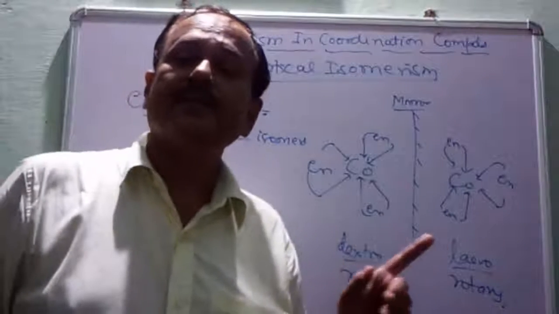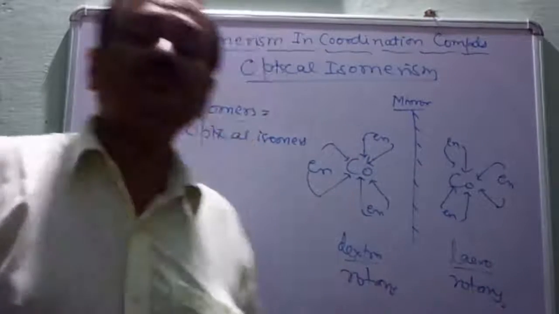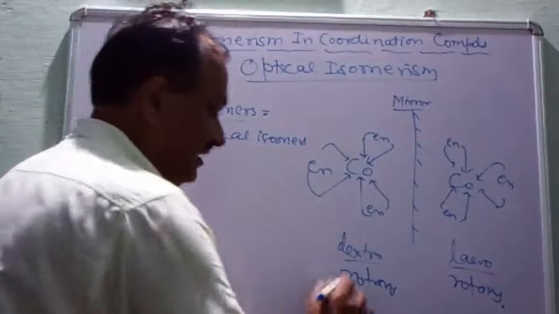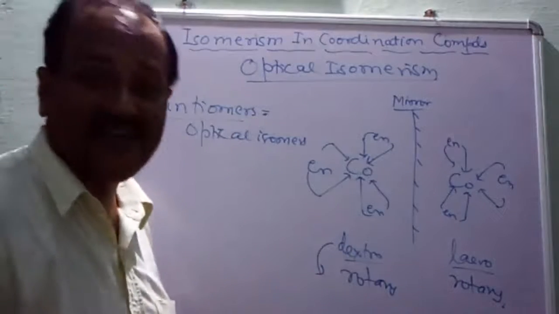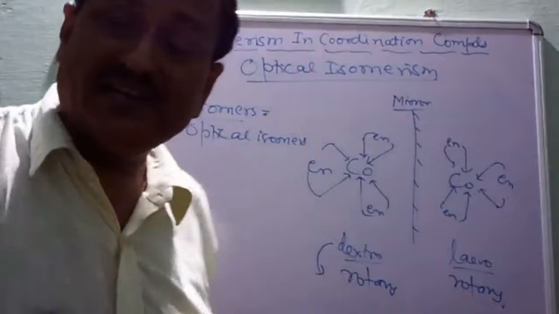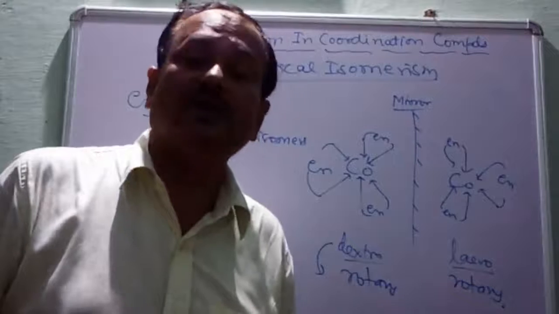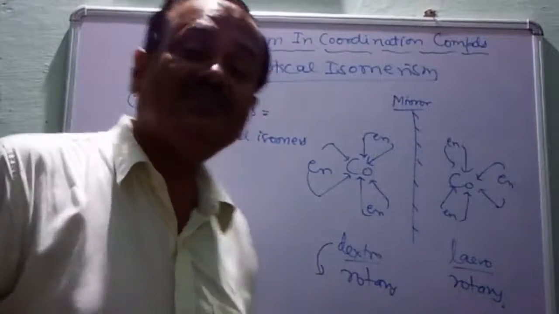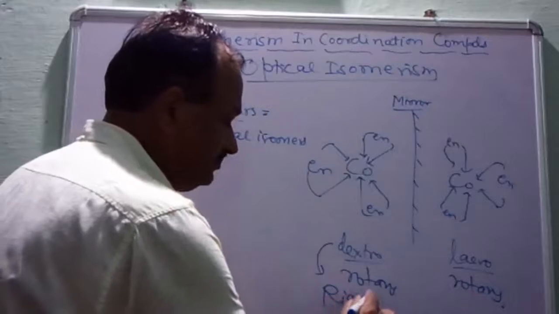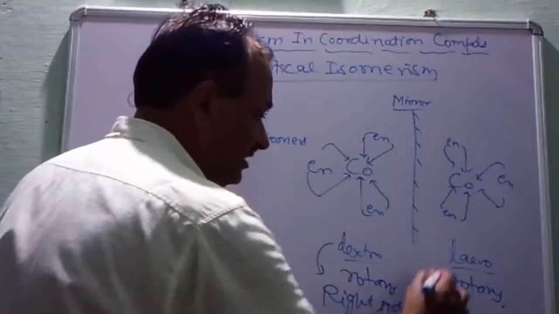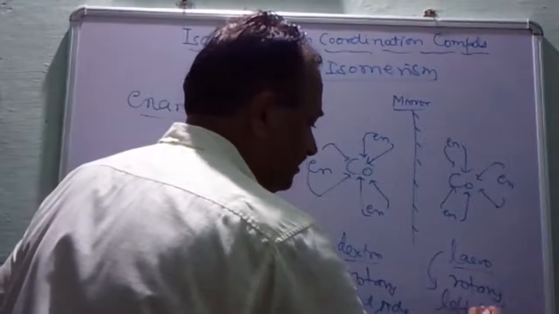Dextrorotatory enantiomers are those which rotate the plane of polarized light toward the right side, right side rotation. Levo rotates toward the left side.